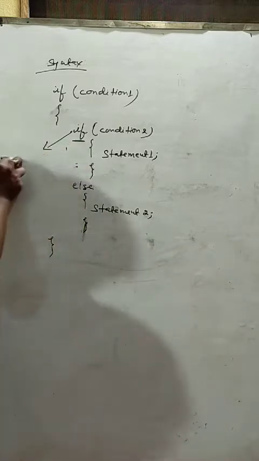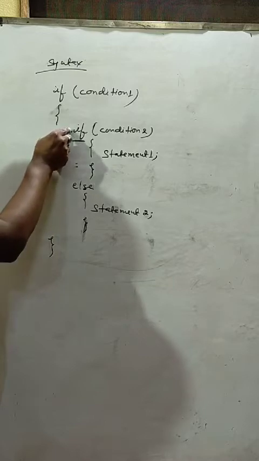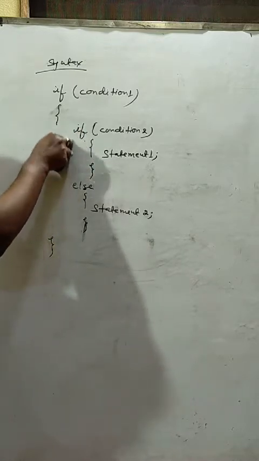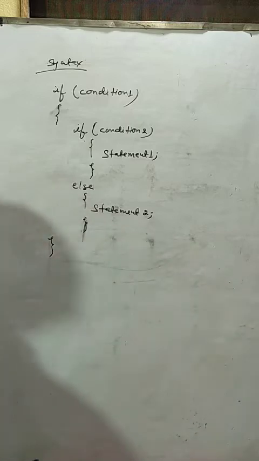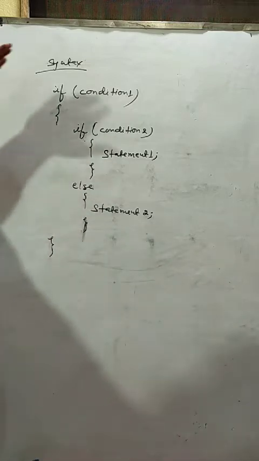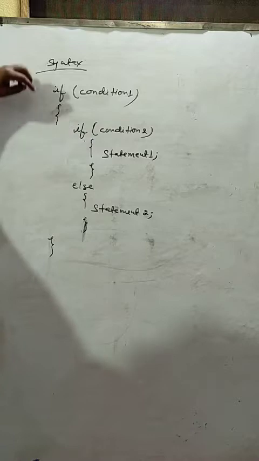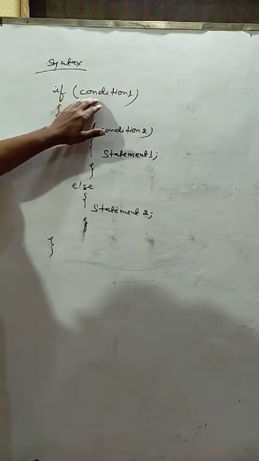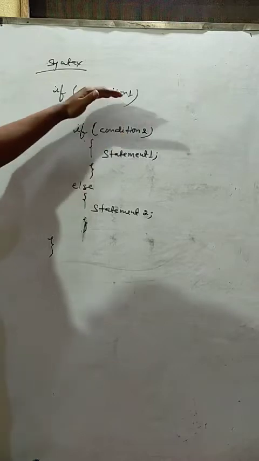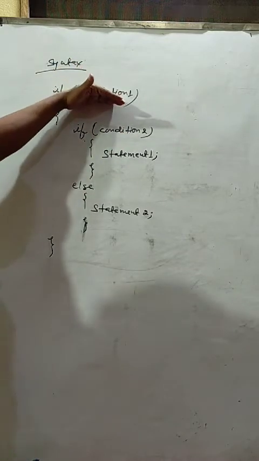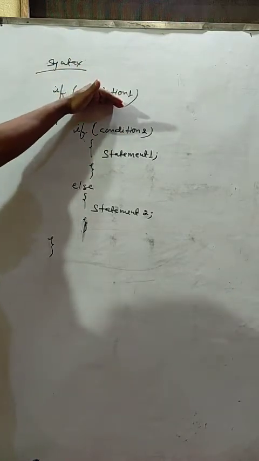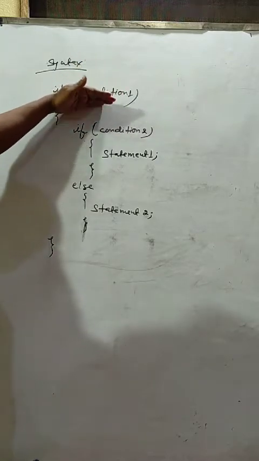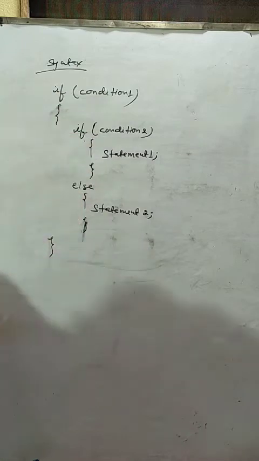Now see the working of nested if statement, how this structure will execute. During the execution, first of all condition 1 will be evaluated. If condition 1 becomes true, then the control moves inside the if statement.